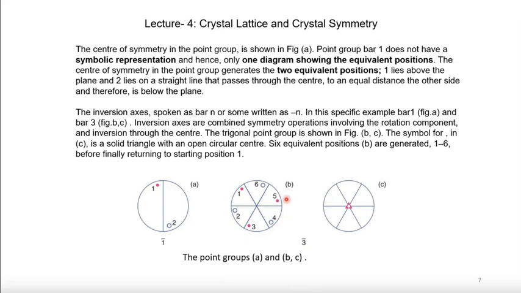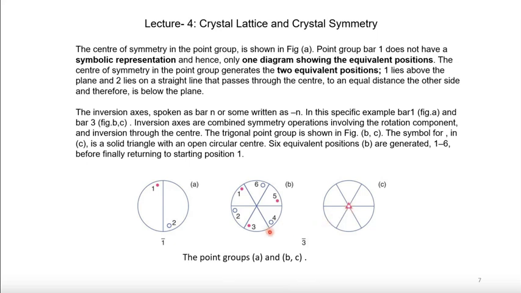So here is a projection of bar 3. Bar 3 means that we have a center of symmetry as well as 3-fold rotation. For the 3-fold rotation, here we are showing this stereographic projection by a triangle, and since it has an inversion, therefore in the triangle we have an open circle.